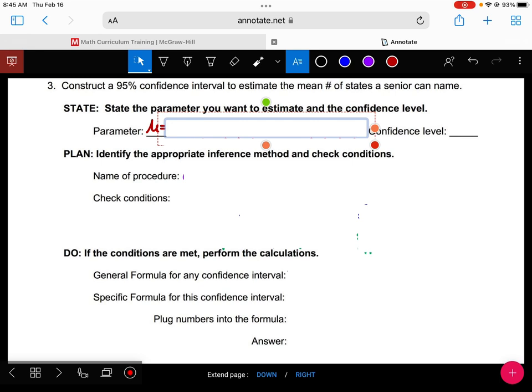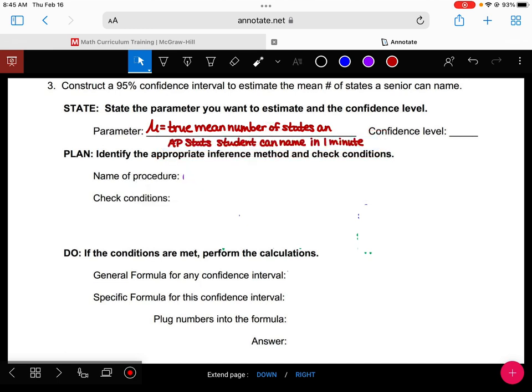Mu would mean what? The true mean number of states that an AP Stats student can name in 1 minute. What confidence level are we going to be using? 95%.